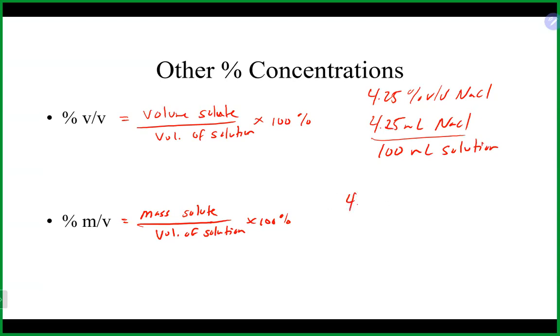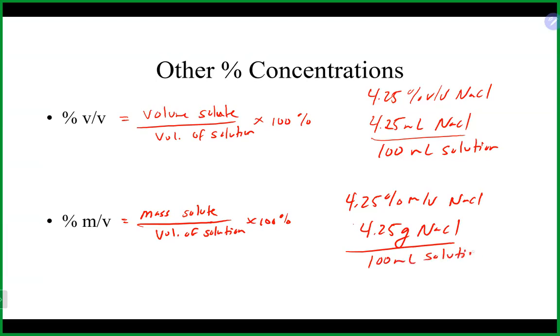If I had 4.25% mass to volume sodium chloride, that would mean I have 4.25 grams of sodium chloride over 100 milliliters of solution. It's kind of like density, grams per milliliter. So again, that is how you could turn the percentages into a conversion factor.